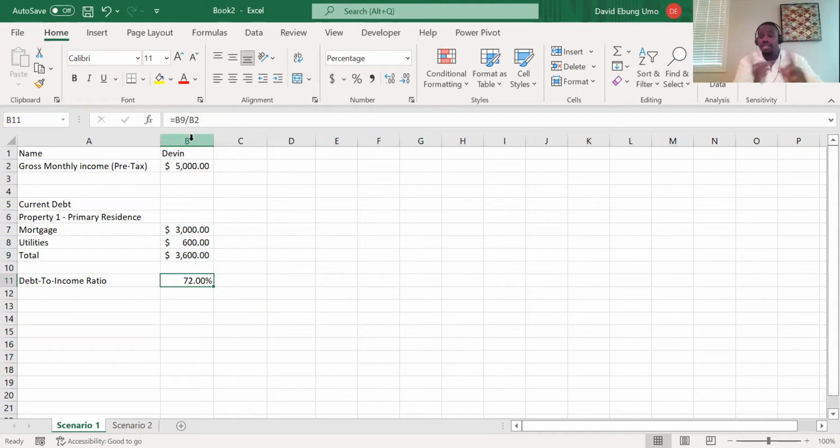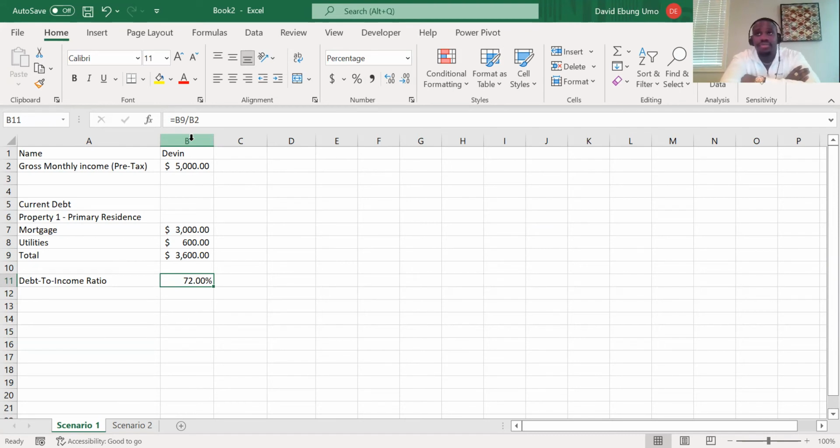Keep in mind, going back to conventional loans, it varies based on whether it's USDA, conventional, or FHA. For conventional loans, the ideal max for front end, I believe, is around 28%. And back end, where you factor in everything, is 36%, but I think they've pushed it now all the way to 45%.